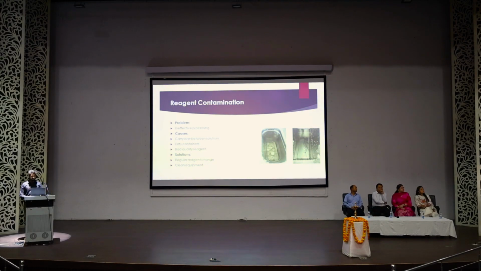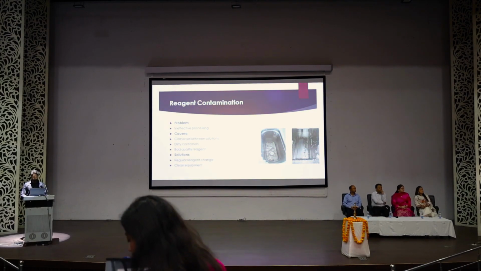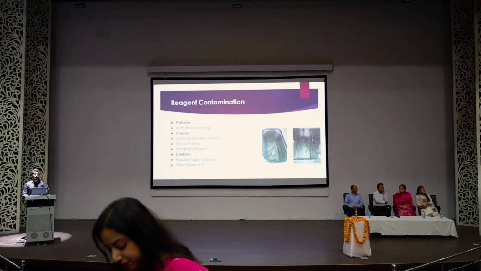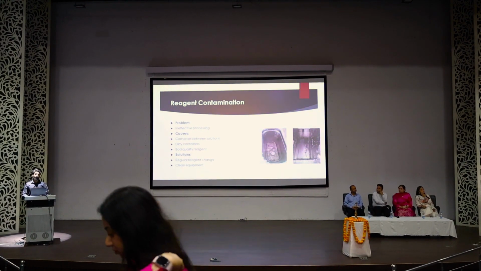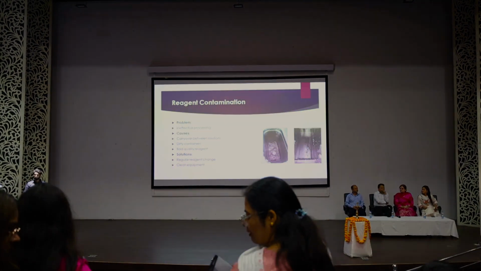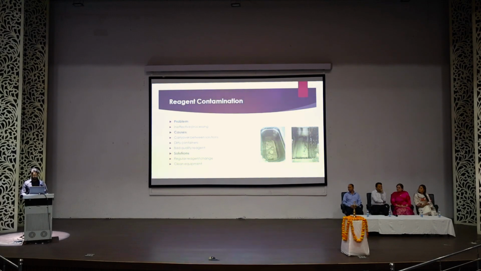The most common embedding errors are incorrect tissue orientation, when the desired orientation is not facing the cutting plane of the block. For example, if we take the example of the neck of the gallbladder, the lumen orientation is not good or ideal.